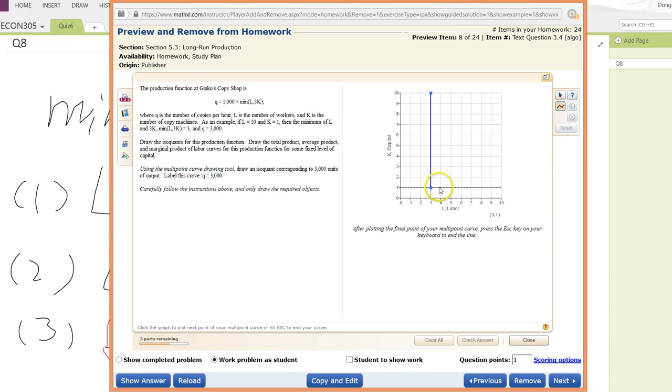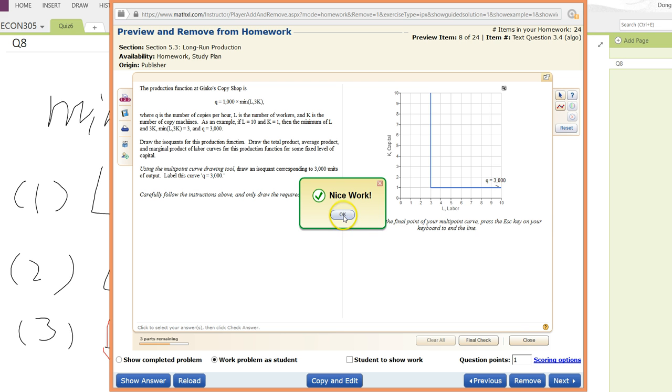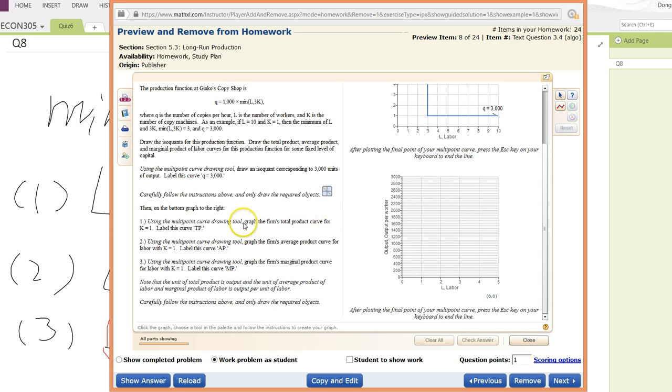And then the horizontal part of this isoquant is when L is equal to or greater than 3, and then that's our isoquant. So we choose this to be Q equals 3, and then we check our answer. Nice work.